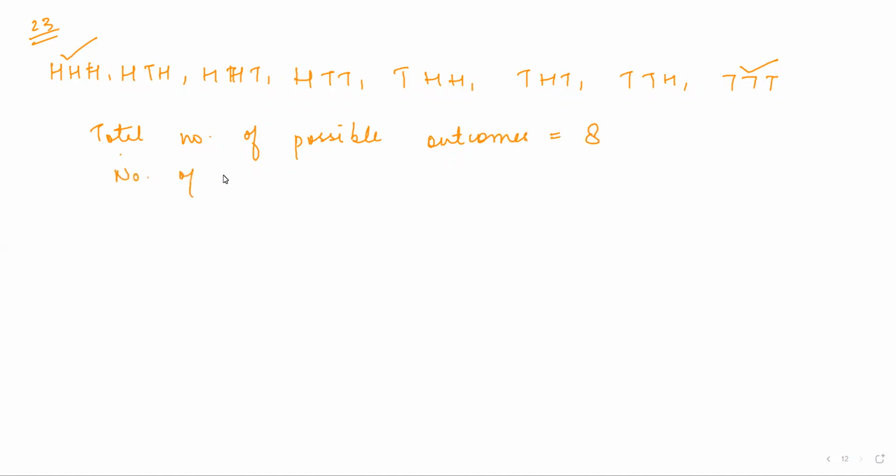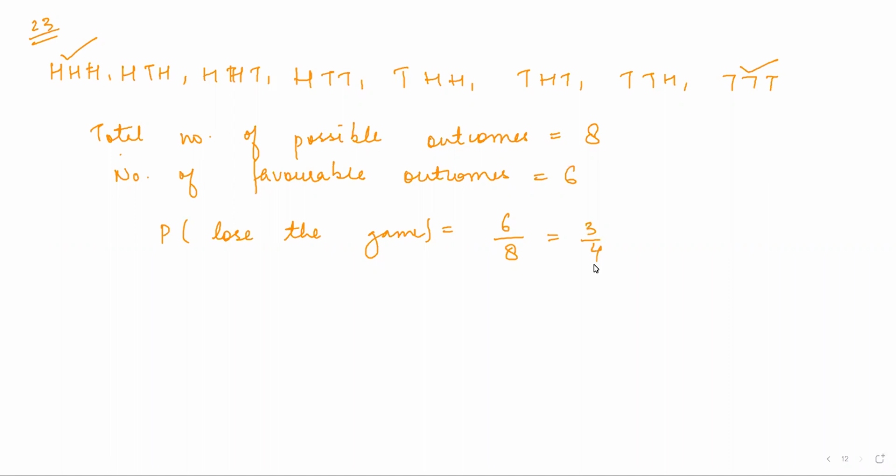Now, number of favorable outcomes. To lose the game, favorable outcomes will be 6. So the probability of losing the game will be 6 by 8 or 3 by 4.